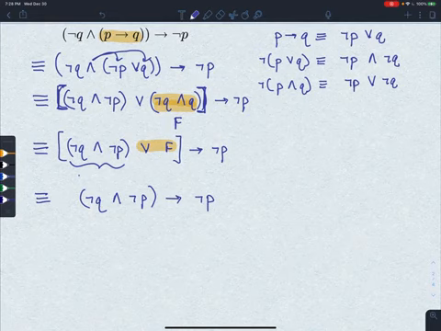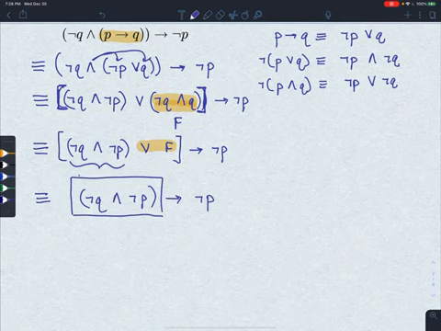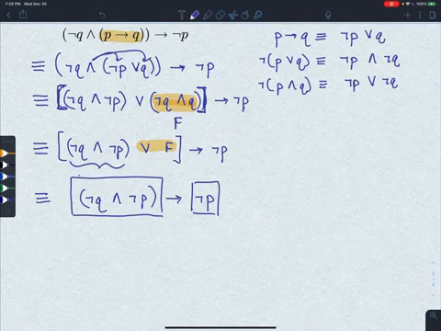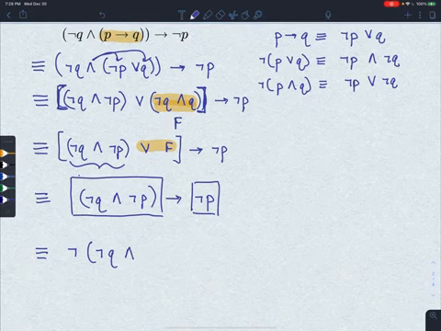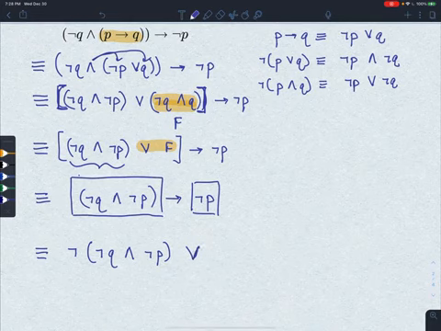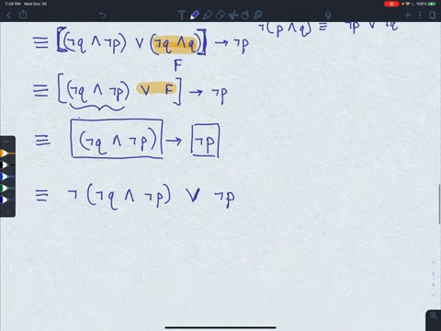I'm going to treat this as the left-hand side, and this is the right side. Remember that a conditional can be replaced with the negation of the left or the right. Okay, so now let's see where that gets us.